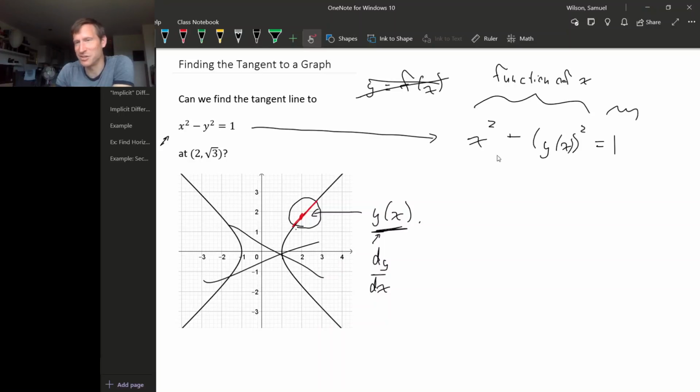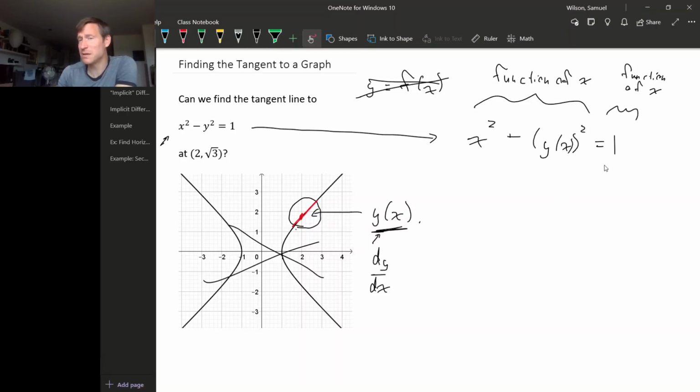The left is clearly a function of x because it has x's in it. The right is a constant, but a constant is a constant function, so it's also a function of x. And if these two functions of x are equal, then their derivatives are equal.